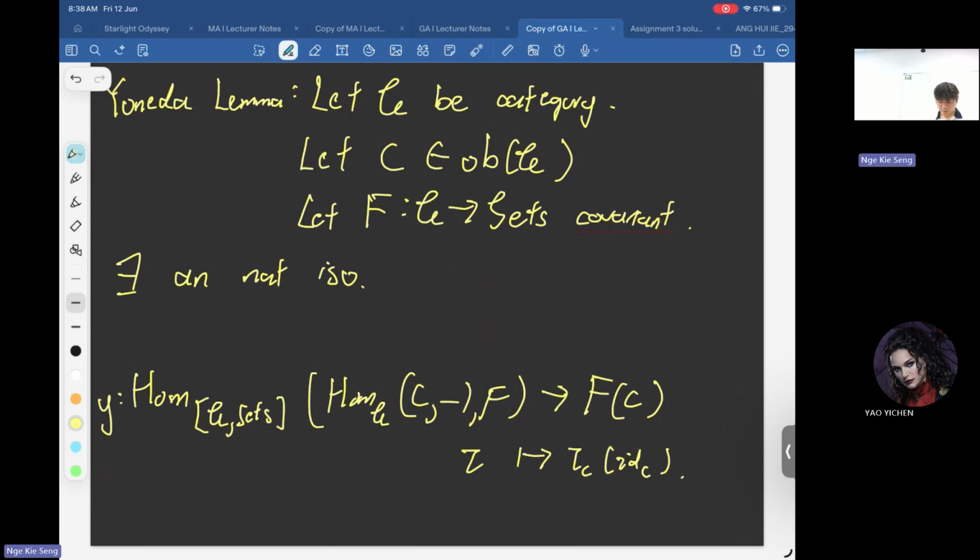I guess we already applied it on C, right? We check it on all the C. Let me see. What are the two functors that we consider here?